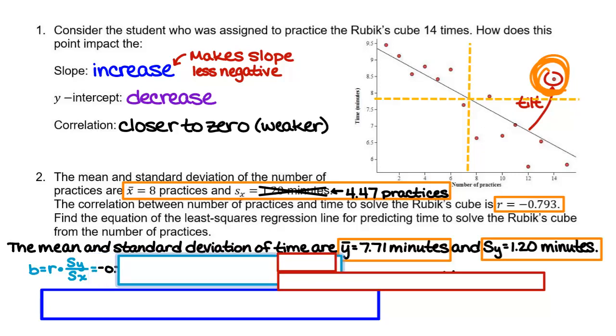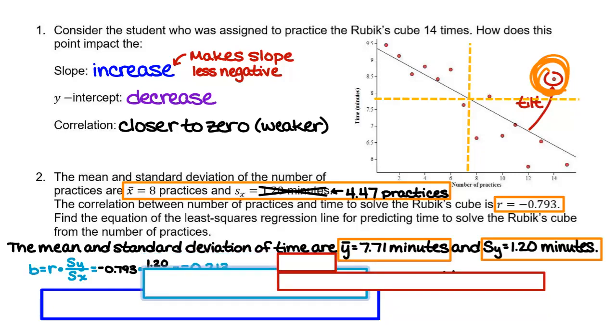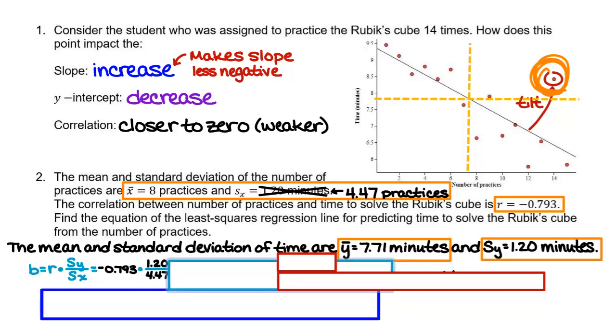Negative 0.793 times, what is SY? 1.20 over 4.47, giving us a B value of what? Yep, negative 0.213. Yes. All right. We found B. Real quick, thumbs up, middle, down. How do you feel about finding B?